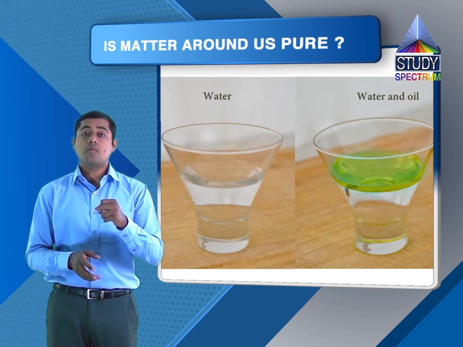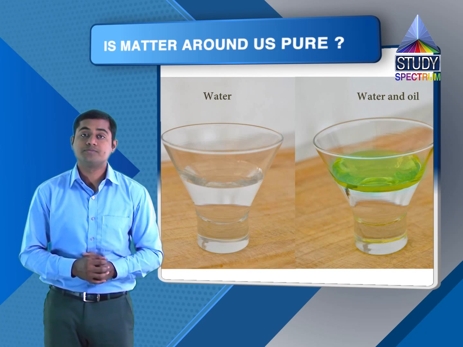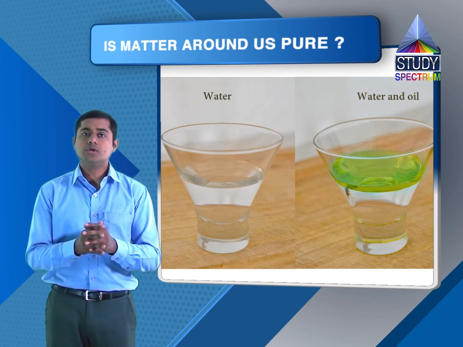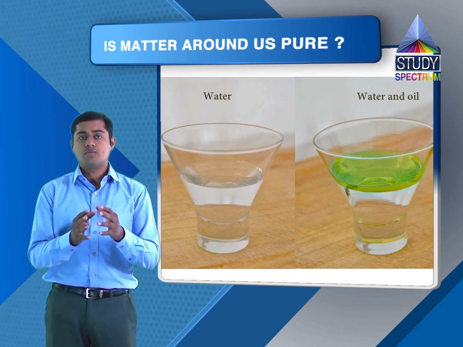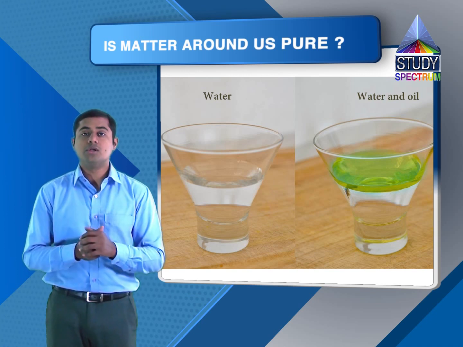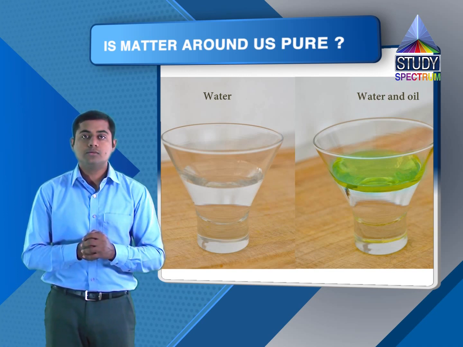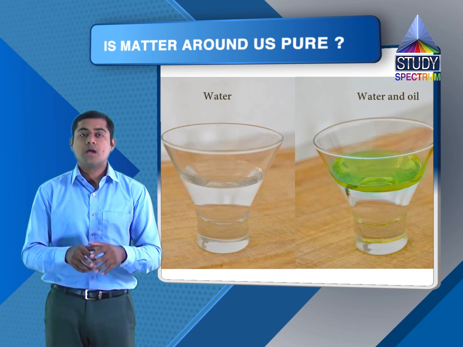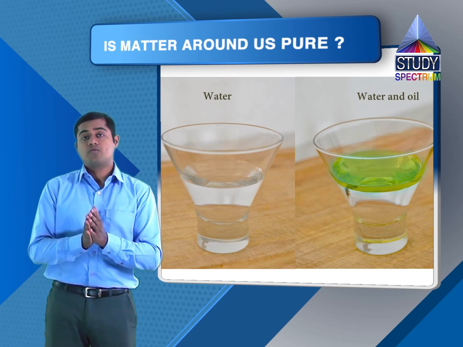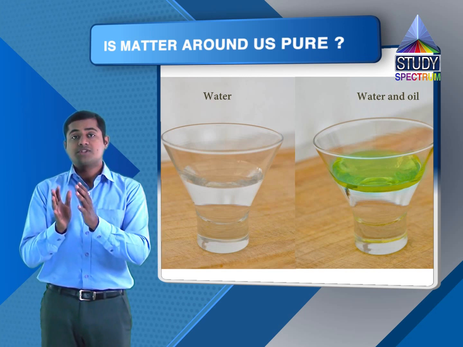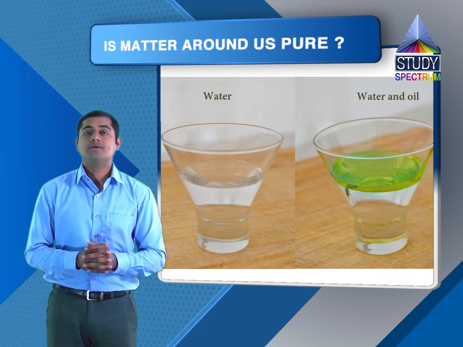Let's have an example of kerosene oil and water. If we put some water and some kerosene oil in the same flask, what will you get? Put that beaker aside for some time, undisturbed.